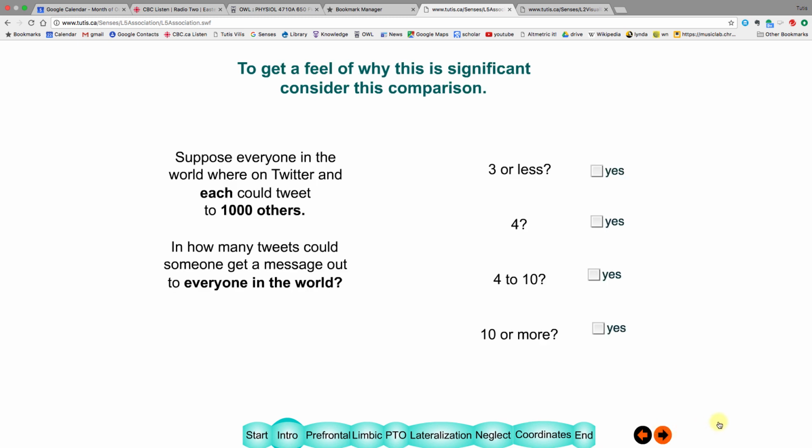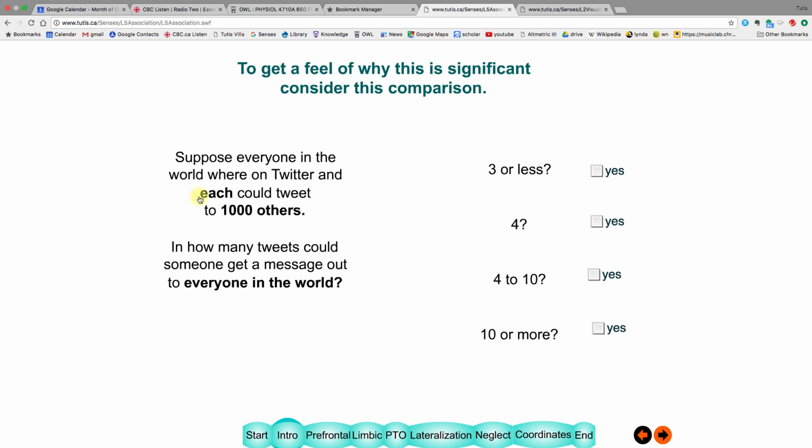To give you an impression, let's suppose you were using Twitter, and everyone in the world was connected to Twitter, and each time you sent a tweet, it would connect to 1,000 other people on Twitter. You had a lot of followers.